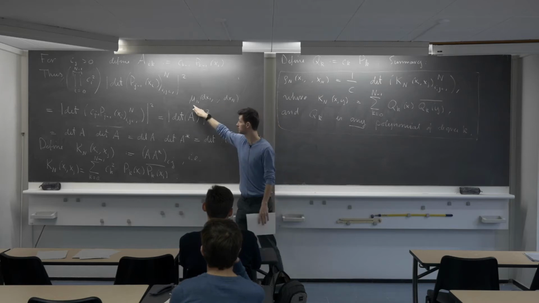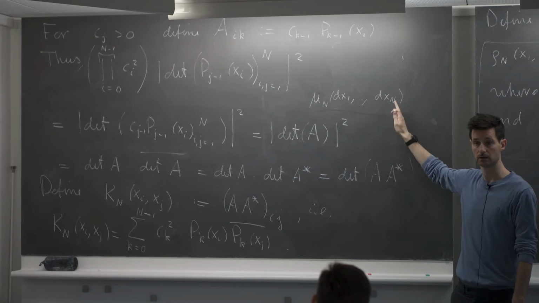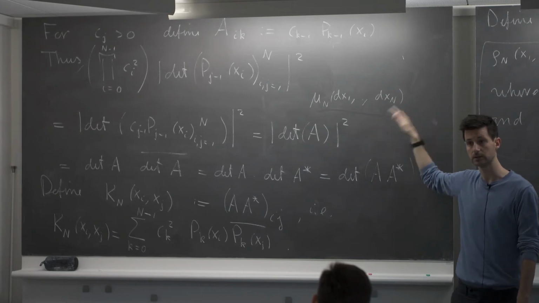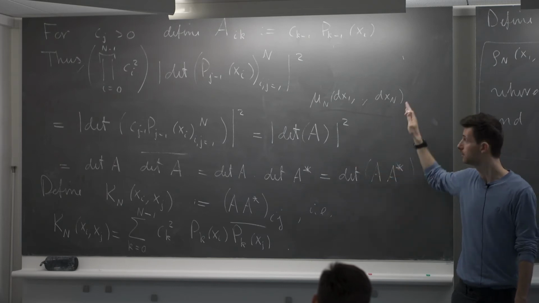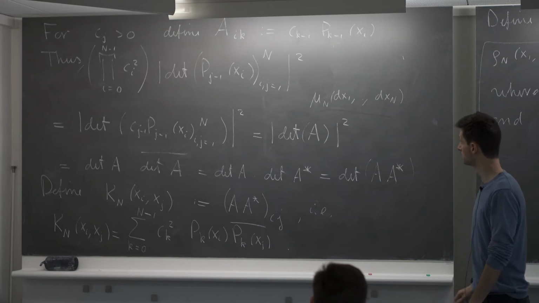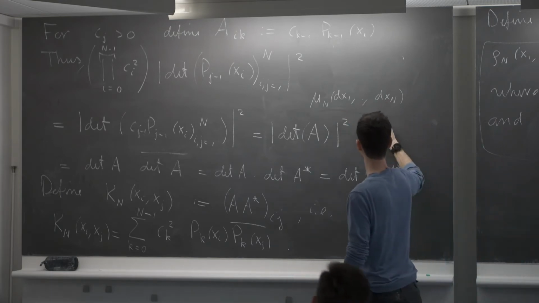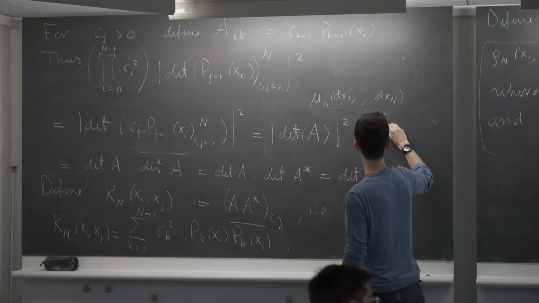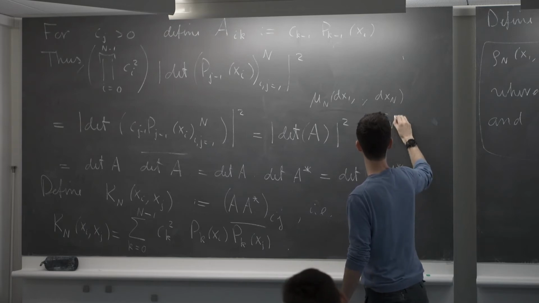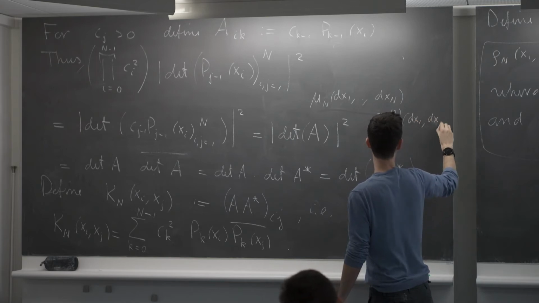So this is a probability measure. If you have a joint probability measure of many variables, then you can start integrating out only a few of them. If you integrate out all of them, you get one. But you may want to integrate out just a few of them. And for example, if you integrate out all but two, then you will get some measure, which maybe I can denote by pi n 2 of dx1, dx2.